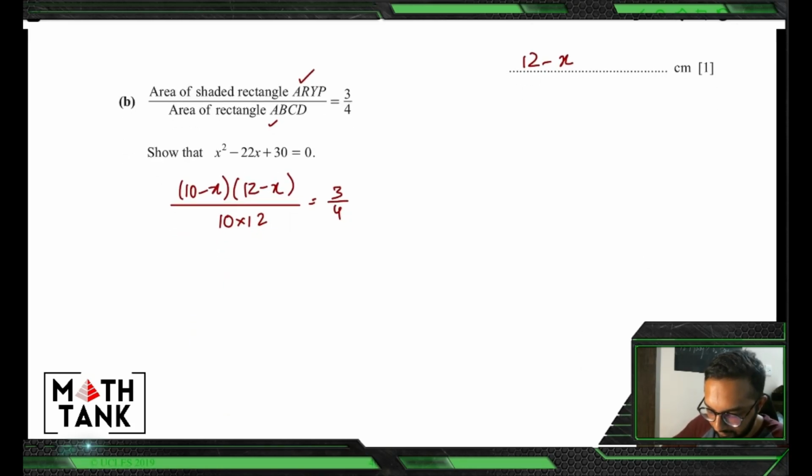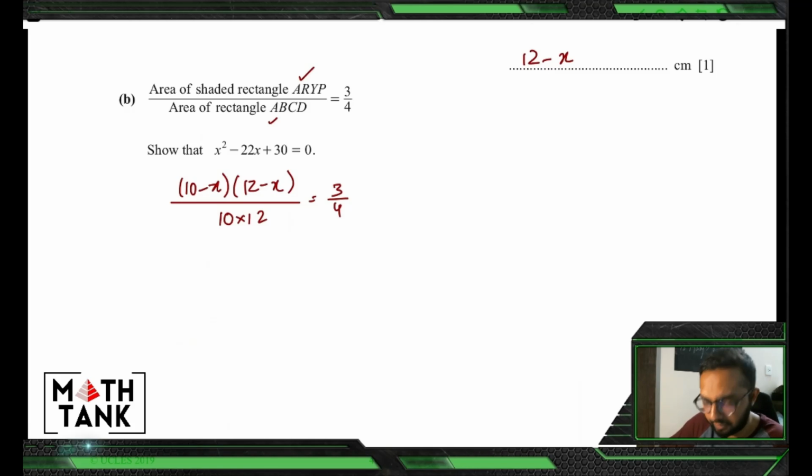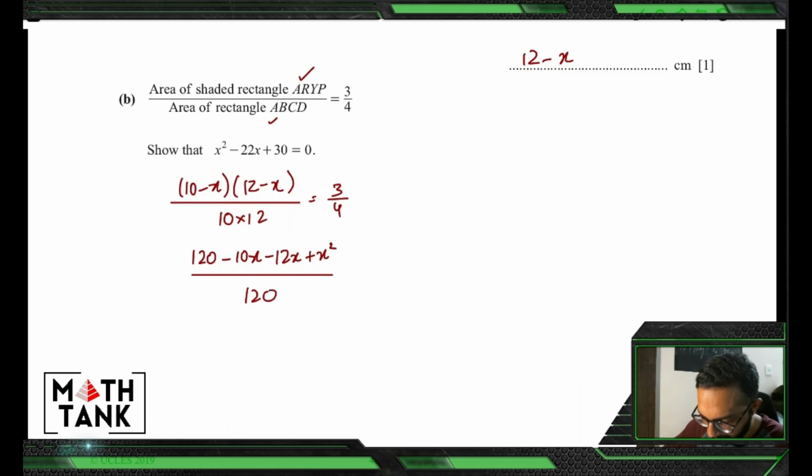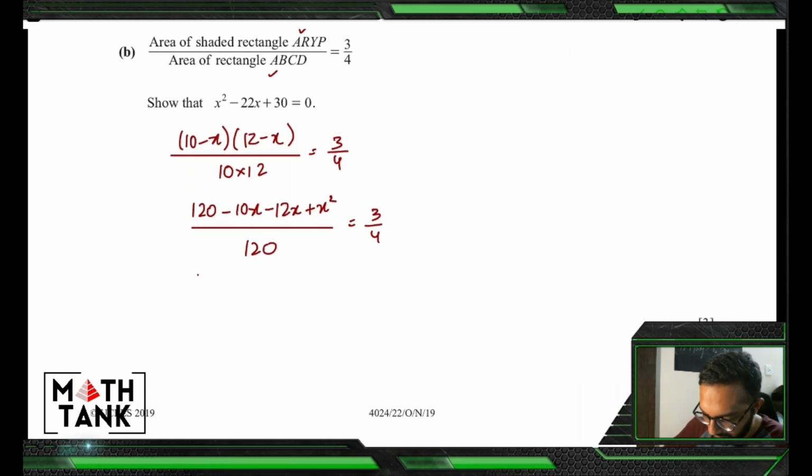Equals to 3 over 4. That's a simple question from here then. It's just about expansion. So 120 minus 10x minus 12x plus x squared over 120 equals to 3 over 4. So 120 minus 22x plus x squared equals to 360 over 4. 90.